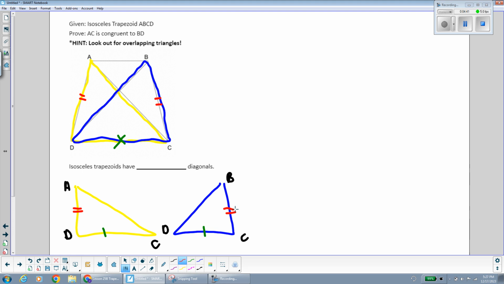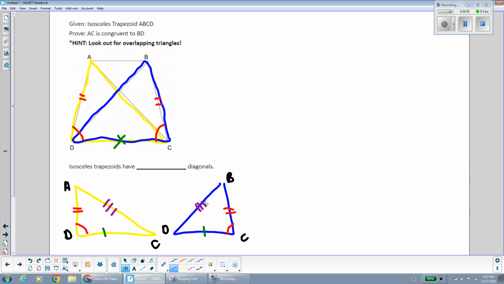And we also know that the base angles are congruent. Isosceles trapezoids have congruent base angles. We can get the triangles congruent by SAS. And then it would be one more step to say that AC is congruent to BD due to CPCTC, because they are corresponding sides of the two congruent triangles.